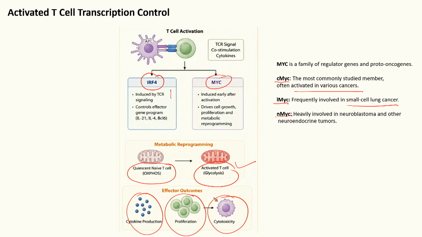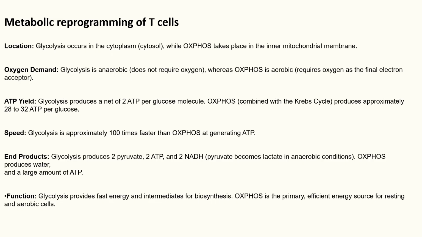So these are heavily expressed in neuroblastoma and particularly neuroendocrine tumors. This is the classification of MYC which we are talking about. These control the activated T cell population, which is controlled through IRF4 expression and MYC expression. This could be c-MYC, L-MYC and N-MYC expression.